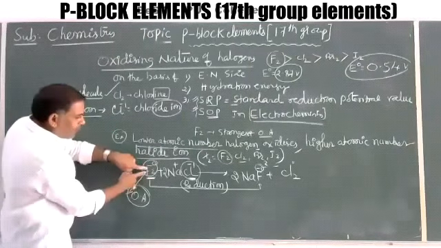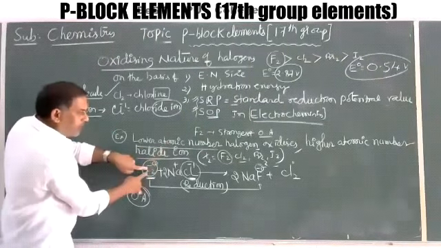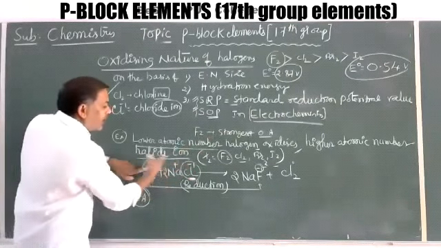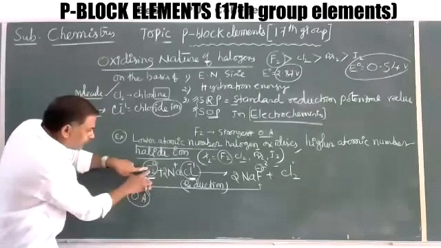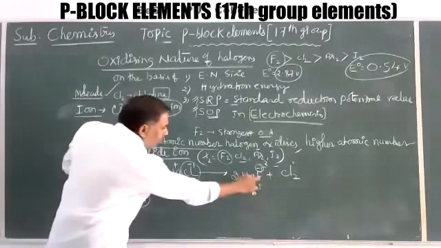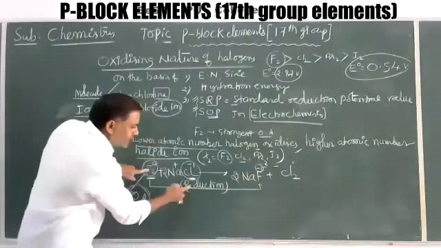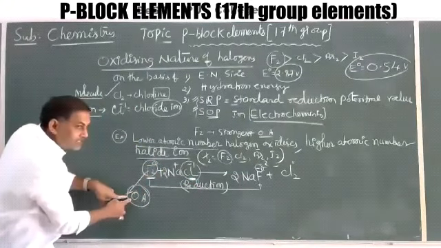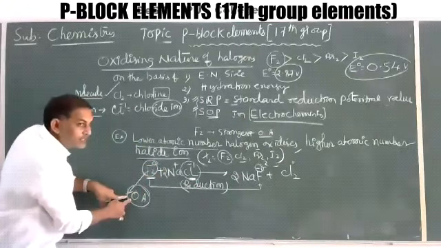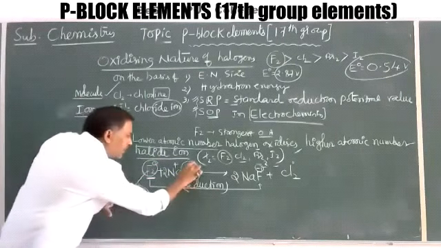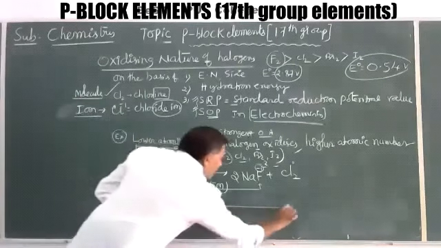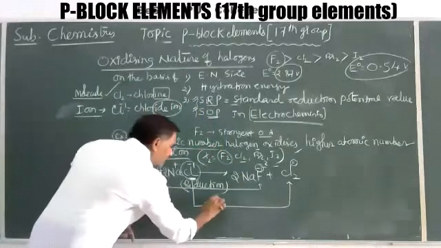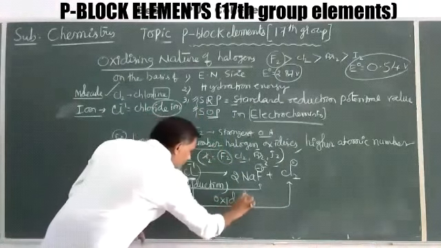That's why fluorine, the lower atomic number halogen, easily oxidizes higher atomic number halide ions. So for the fluorine molecule going to the fluoride ion, a reduction reaction takes place. In the reduction process, the participating species acts as an oxidizing agent. Now here Cl -1 goes to Cl0, removal of electron, so an oxidation reaction takes place.